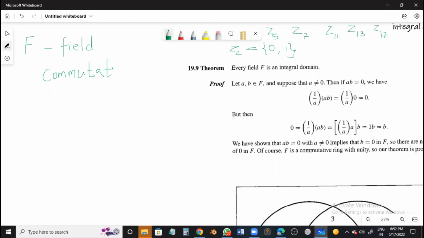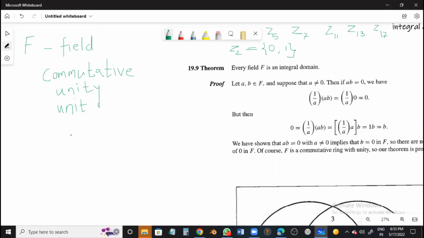What next? It should be a ring with unity. So unity is there. And what next? Every element is a unit element, invertible element. Every non-zero element is a unit element. That is the requirement.